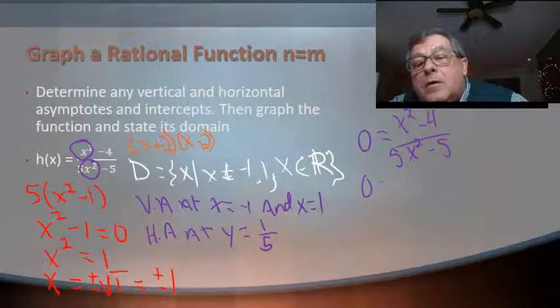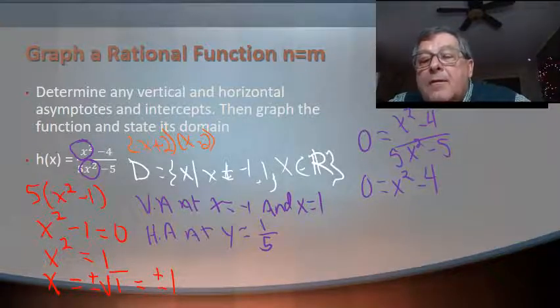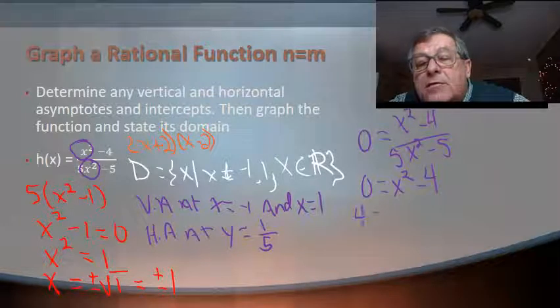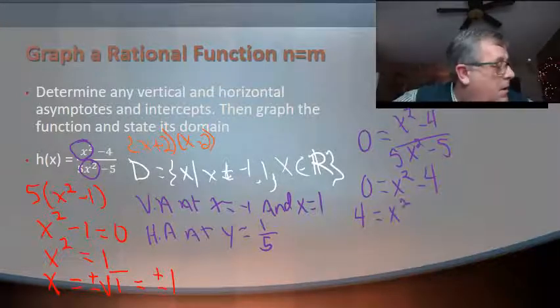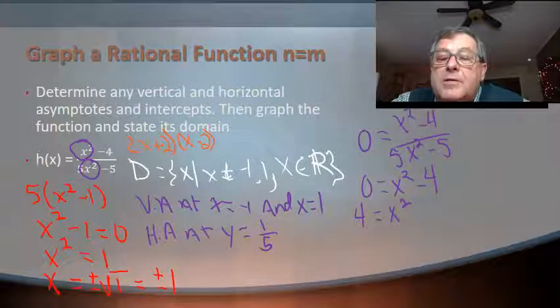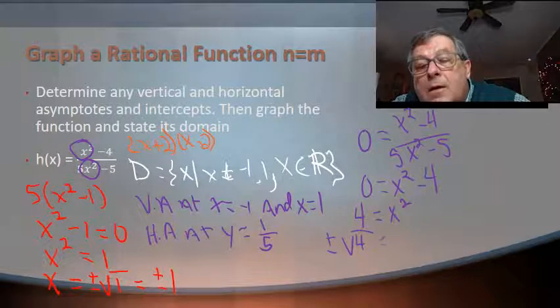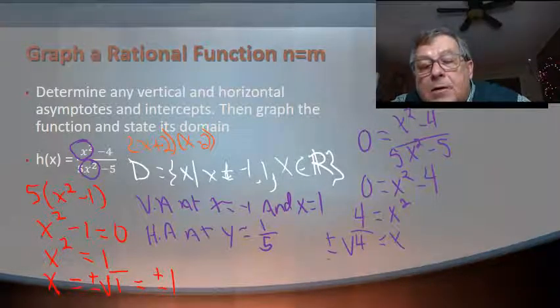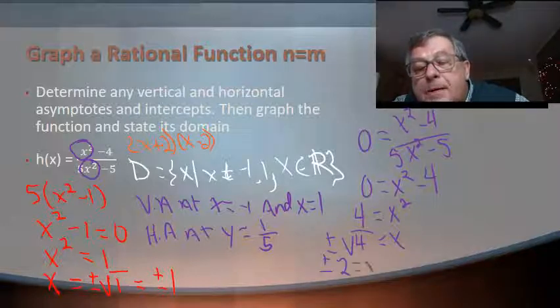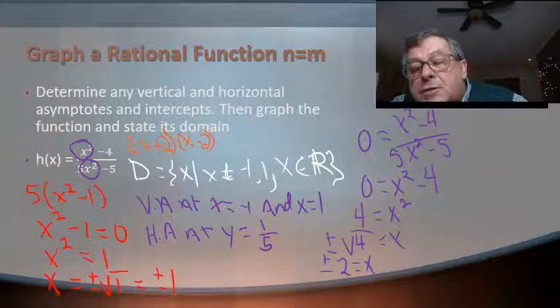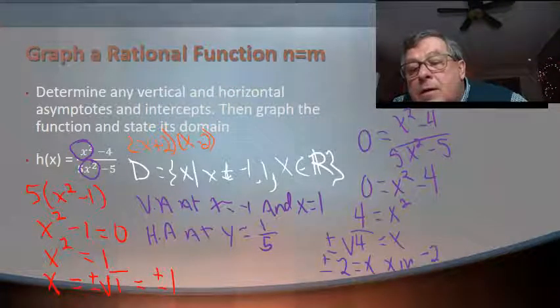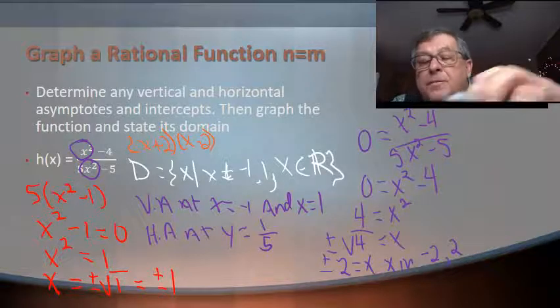And so 0 equals x squared minus 4. Now, I'm going to add 4 to both sides. So that's going to leave me with 4 equals x squared. And I can take the square root of both sides. That's going to leave me plus or minus the square root of 4 equals x. And so I'm looking at x intercepts at plus or minus 2. So I should have an x intercept at -2 and +2.